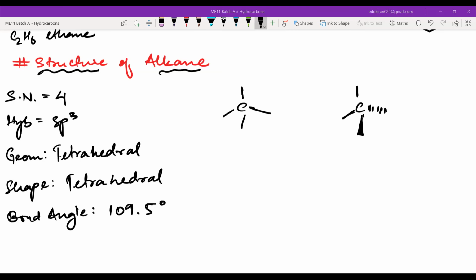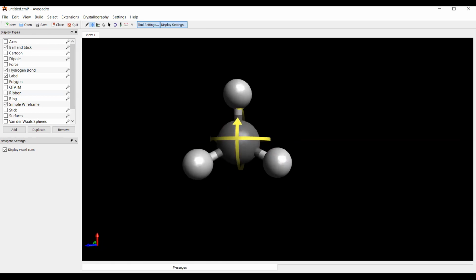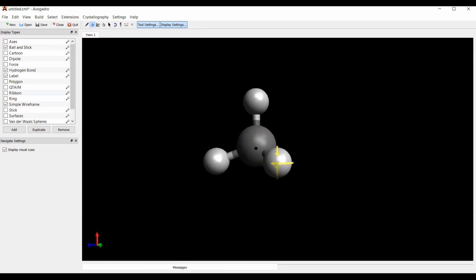Like we have seen the geometry of tetrahedral and the shape. Did I show it in the Avogadro software? Okay, fine. Can you see this now? So this is how I have written it.